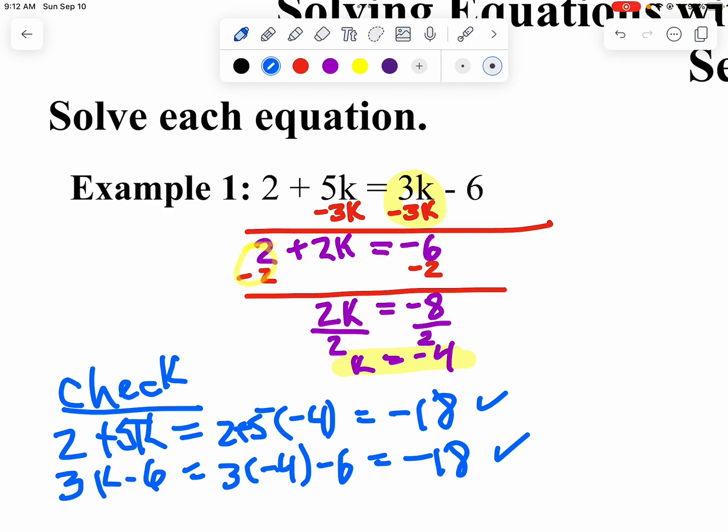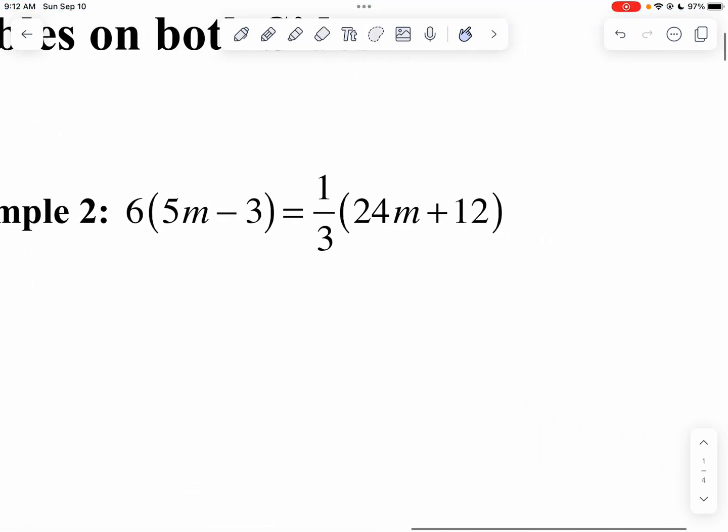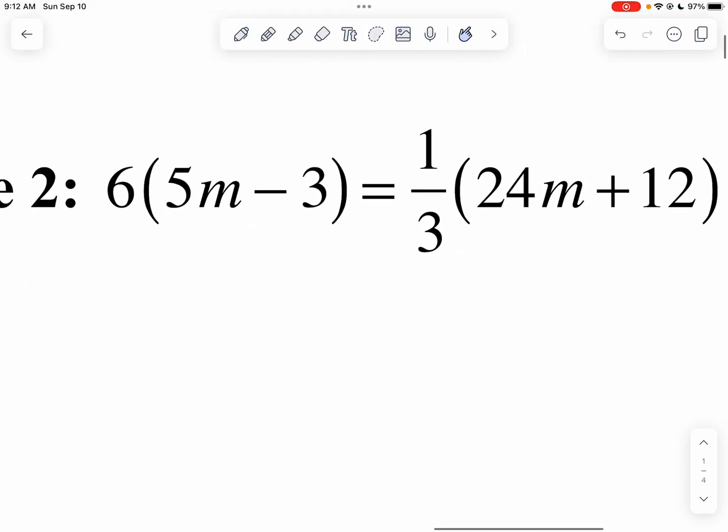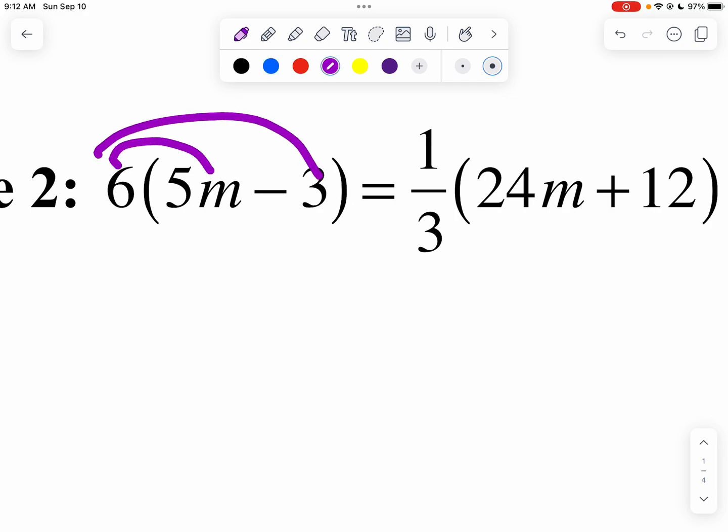Now, if we look at example number 2, we have to do some simplifying this time before we start moving. So we're going to simplify first. So I'm going to distribute that 6 inside the parentheses. So 6 times 5 is 30m. 6 times negative 3 is negative 18.